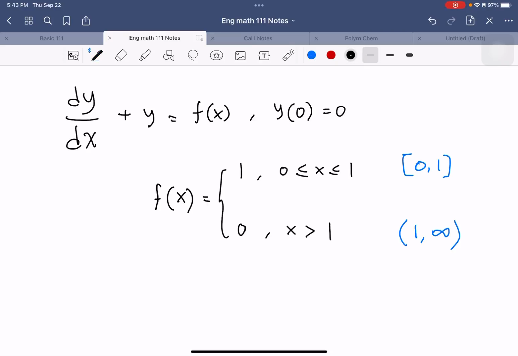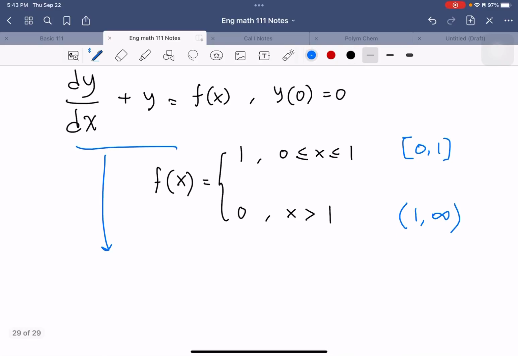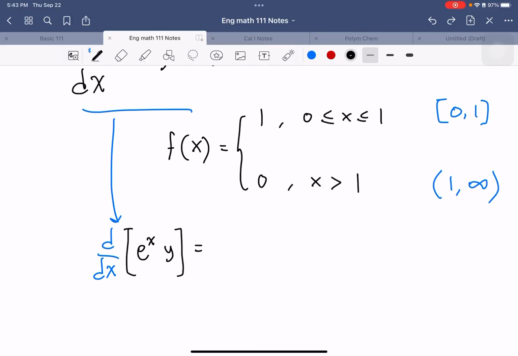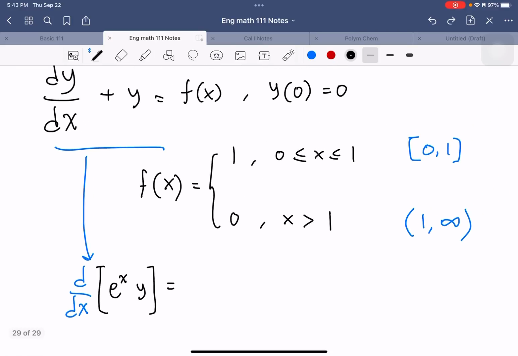Of course, if we solve this through our integrating factor method, I will just skip the process. I believe it's simple enough to see that this will be e to the power x, the same as the previous example, right? Let's say we start with f of x equal to 1 first.